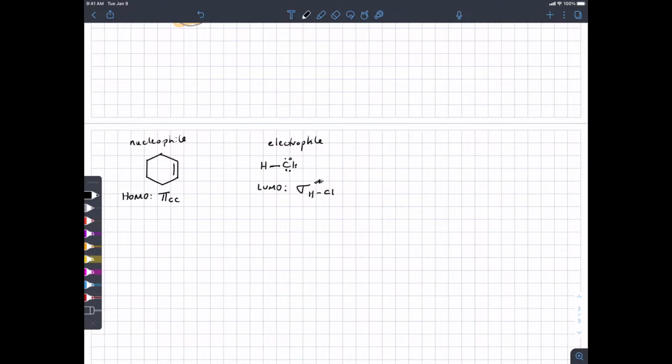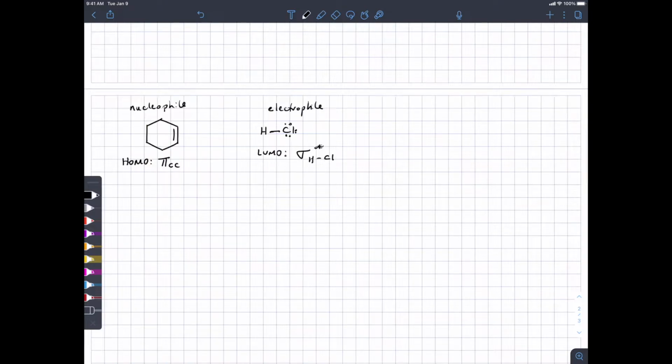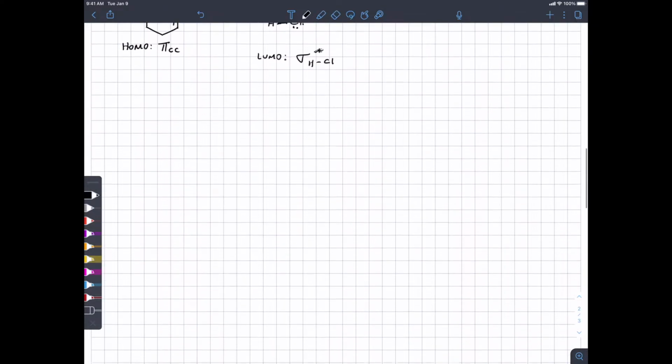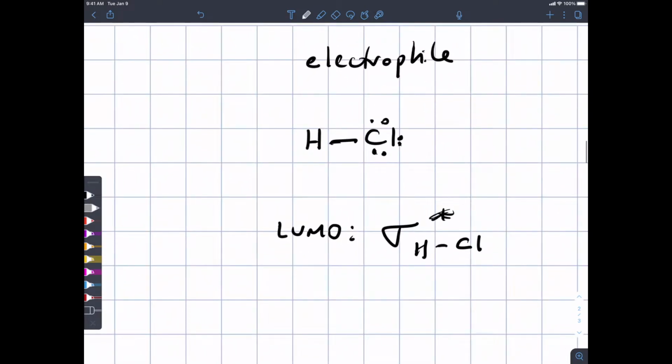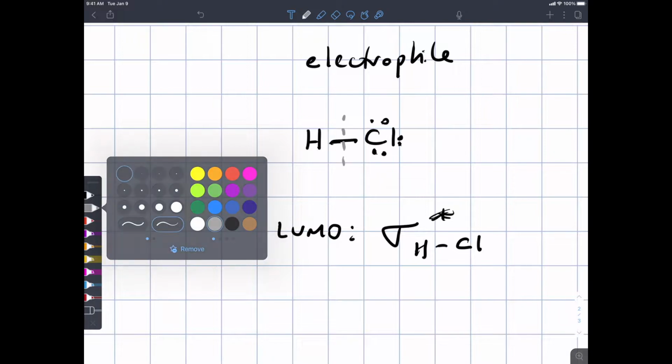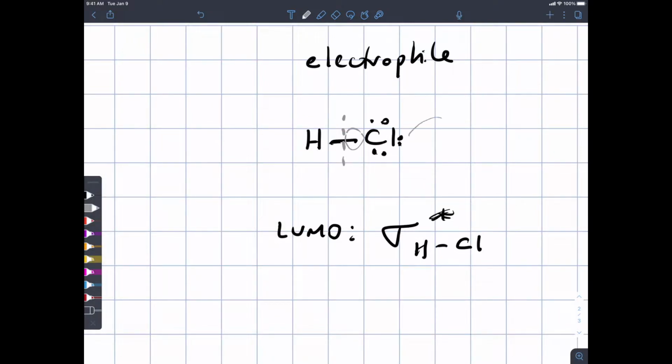Okay. It may be useful to draw what that sigma star looks like. Give myself a little space. There would be a node in between the hydrogen and the chlorine. There would be a small lobe here, a large lobe there, and then there would be another lobe here.